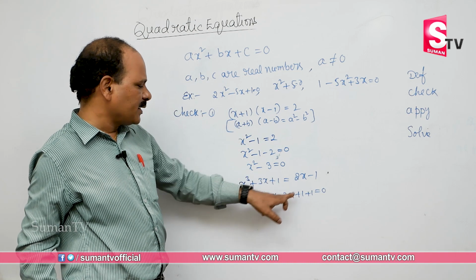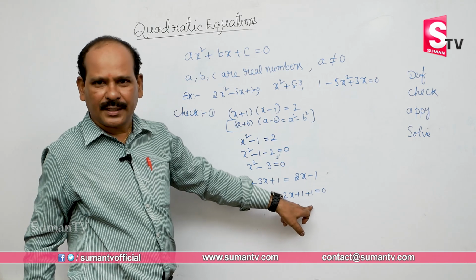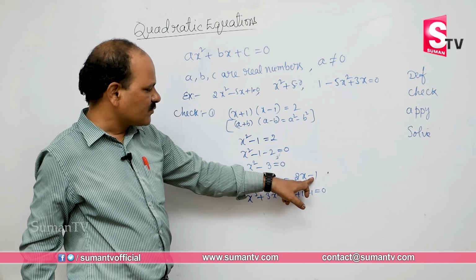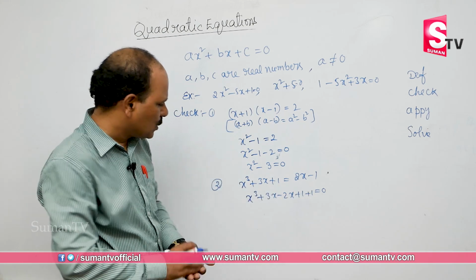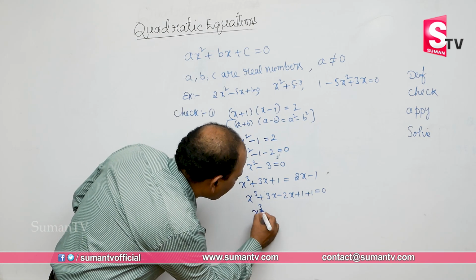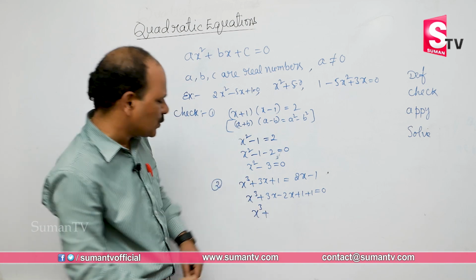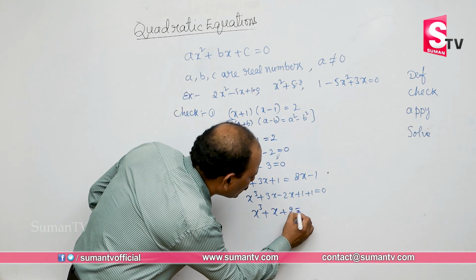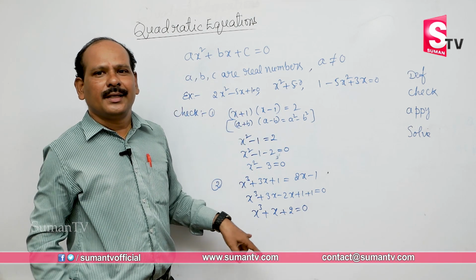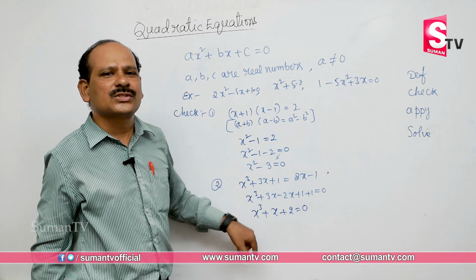I am bringing 2x to the left side, and minus 1 also to the left side. Minus 1 becomes plus 1, and 2x becomes minus 2x. Then x cube plus 3x minus 2x is x, and 1 plus 1 is 2. It does not belong to quadratic equations.